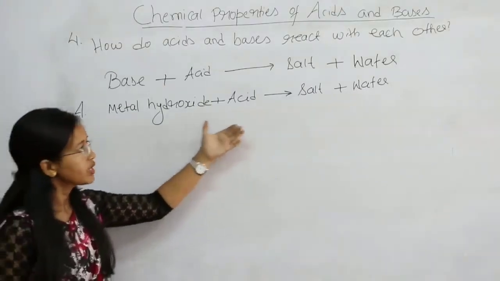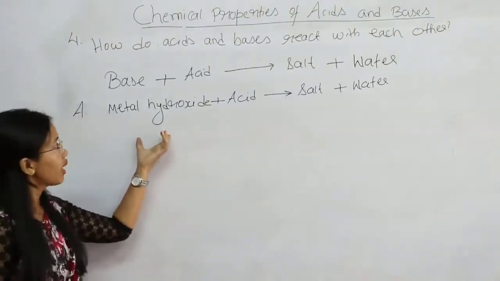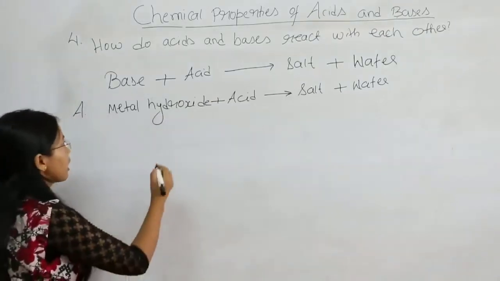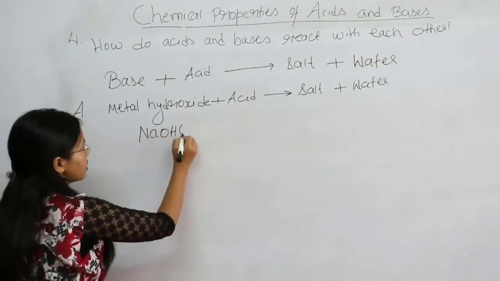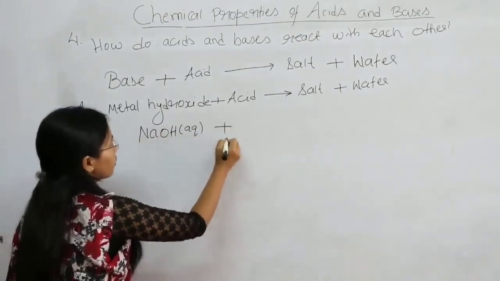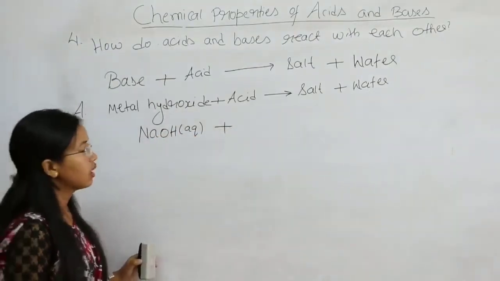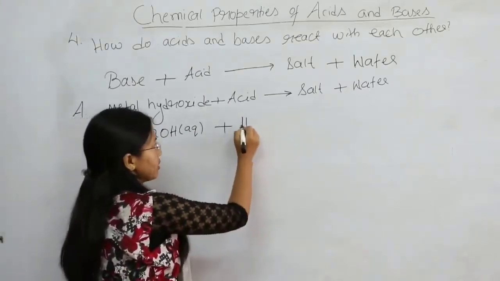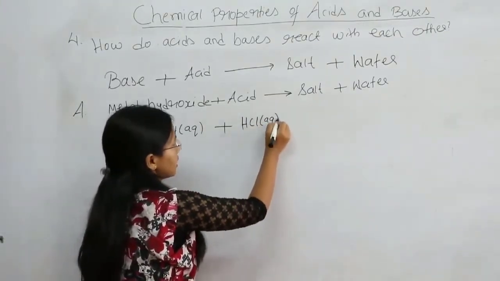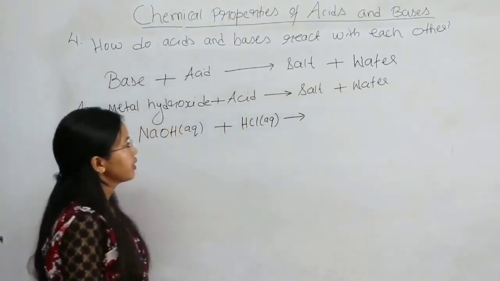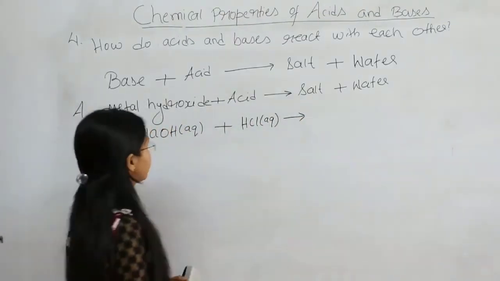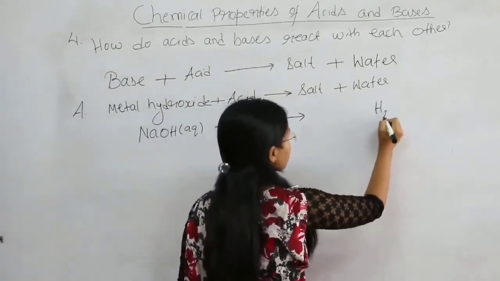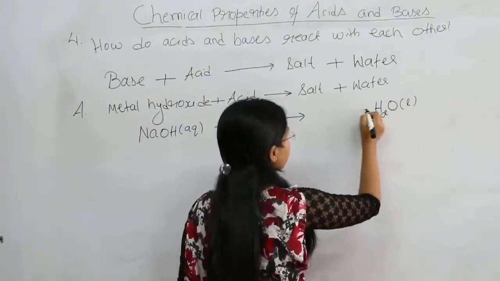So in order to understand this, let me do it by an example. Metal hydroxide, let us take sodium hydroxide, NaOH, with an acid, we can take hydrochloric acid, HCl. This is in aqueous. Then here you need to get salt and water, H2O in liquid.